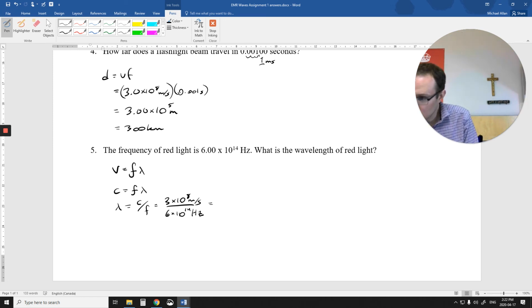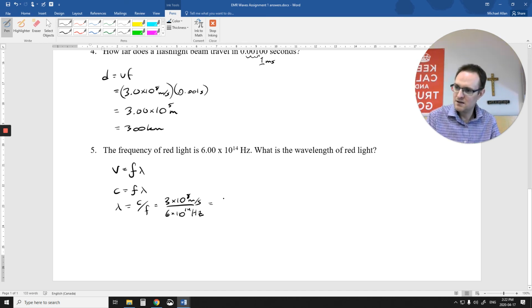Let's just type this in my calculator here. And I'm going to get 5.00 times 10 to the negative 7 meters. Now, I usually don't like this in meters, so I'm going to change this into nanometers. It's kind of more on the orangey side of red light, it looks like.